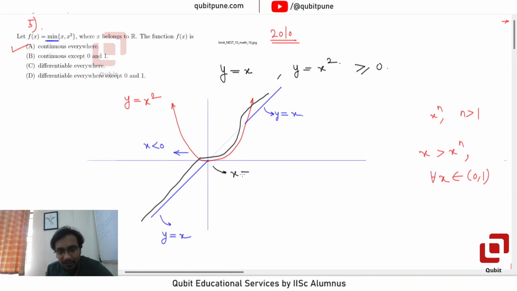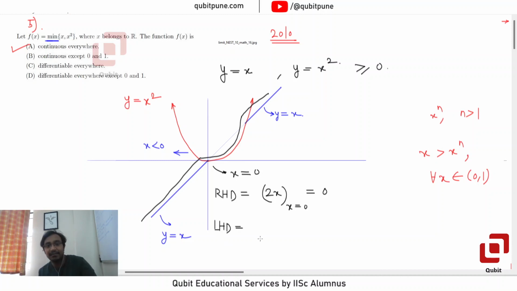Which two locations can we see now from the graph? X equal to 0. What is the right hand derivative? Right hand derivative is 2x at 0, that is 0. But what is the left hand derivative? It's a line, derivative of line, y equal to x, so that's 1. Unequal, so it's not differentiable at 0, and from the options we can easily conclude that it's also not differentiable at 1.